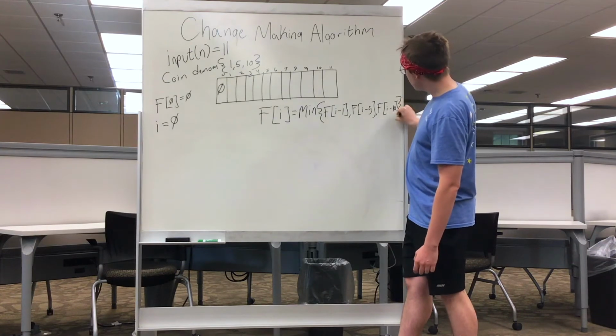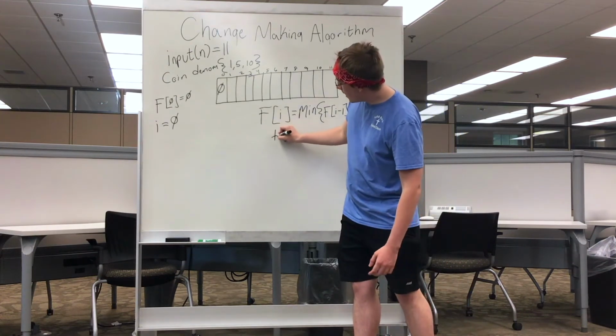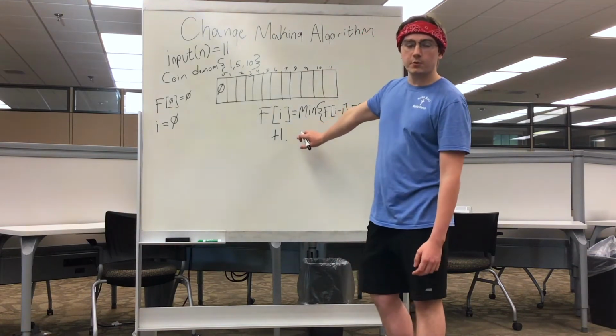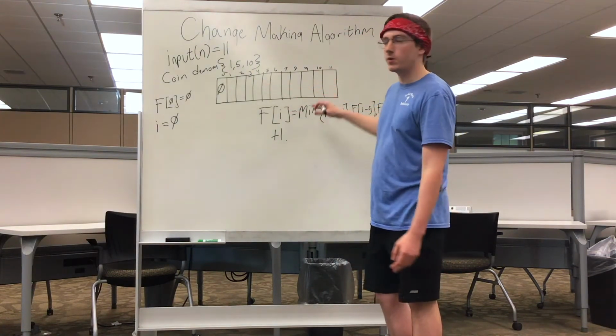Close this off, and then we want to add 1. So this is our formula that we'll use for the algorithm to calculate each of these values.